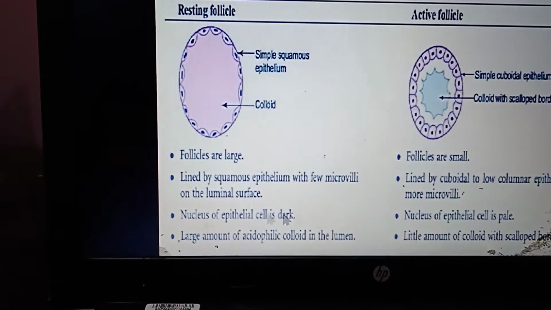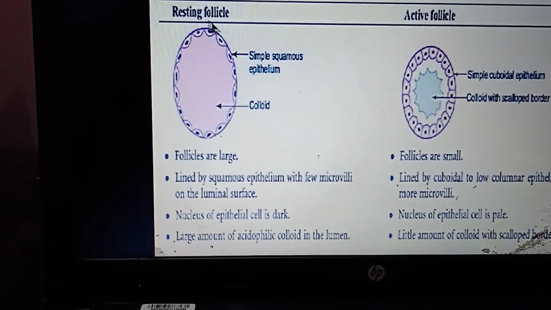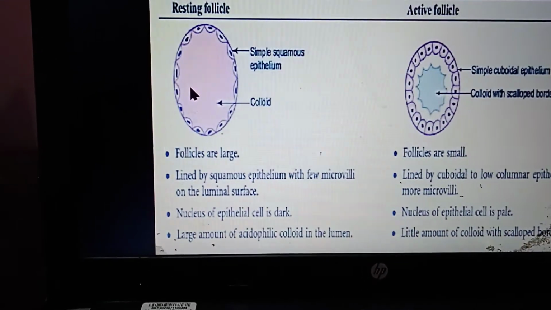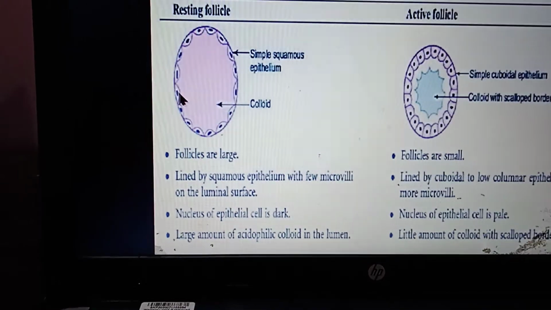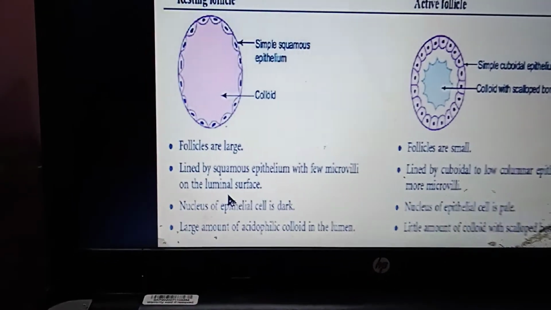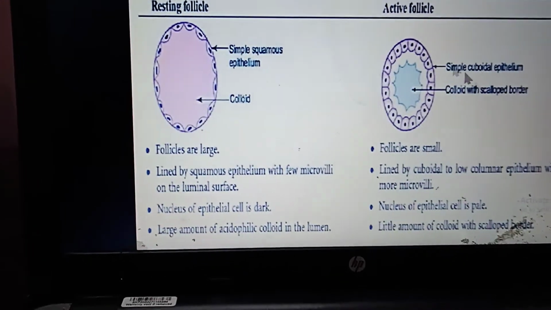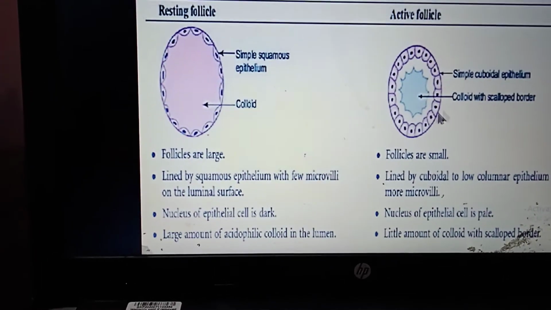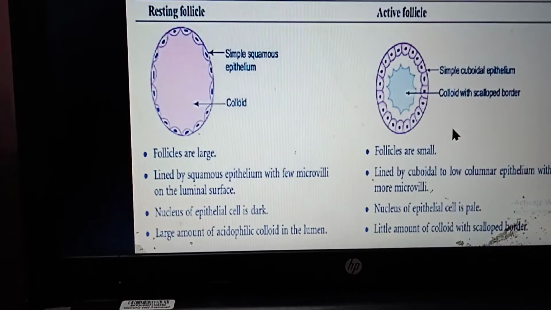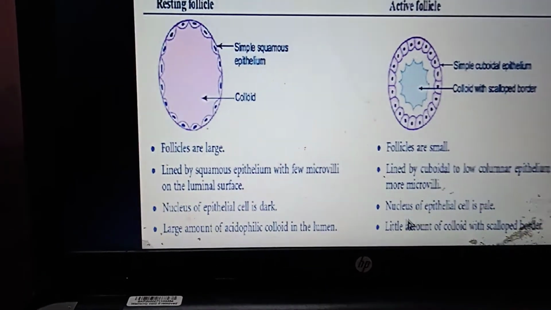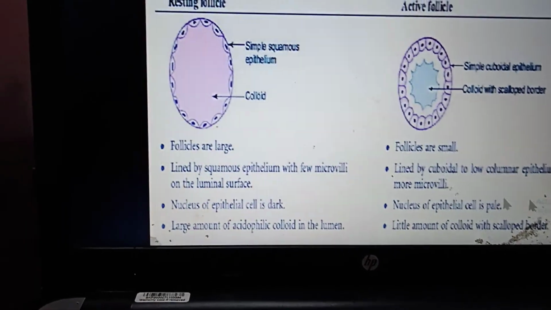As these ladies in the resting follicle are sleeping, they are not taking part in forming any dishes within this kitchen. So their beauty is maintained, and the nucleus is dark. Here many dishes are forming within the follicular cell, so the nucleus of the epithelial cell is pale, which can be compared with the face of the ladies.